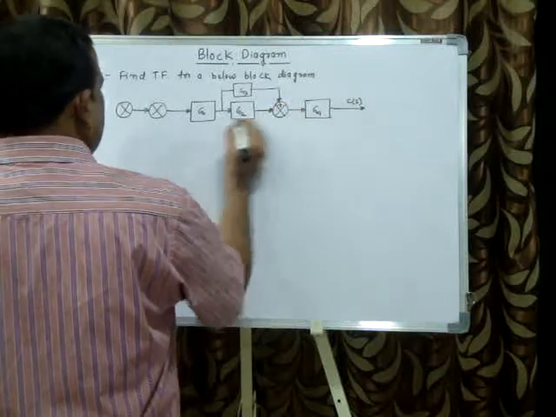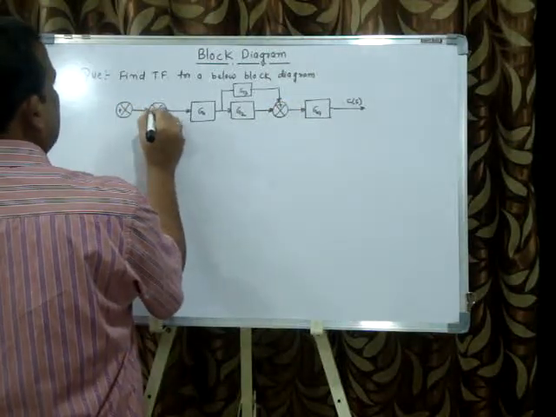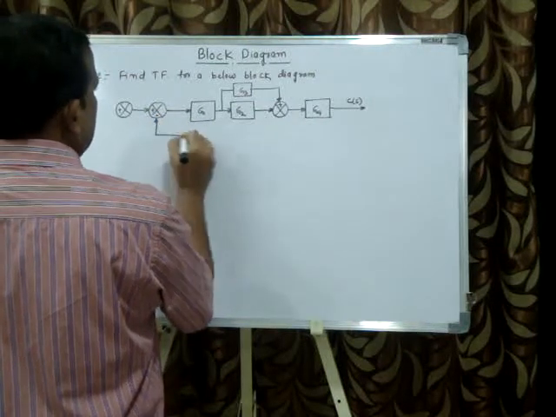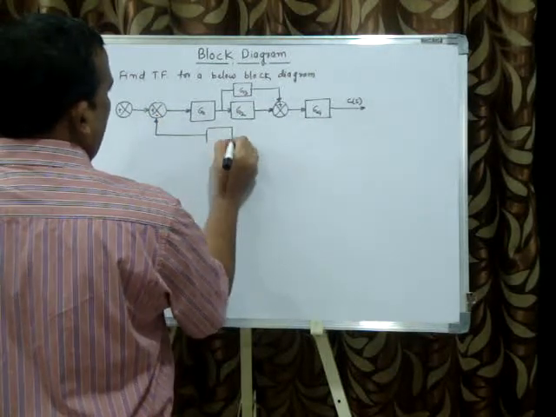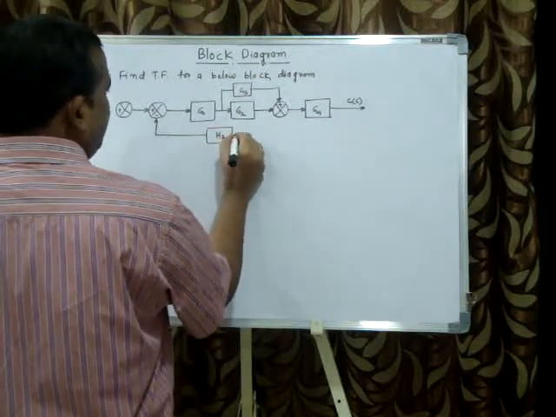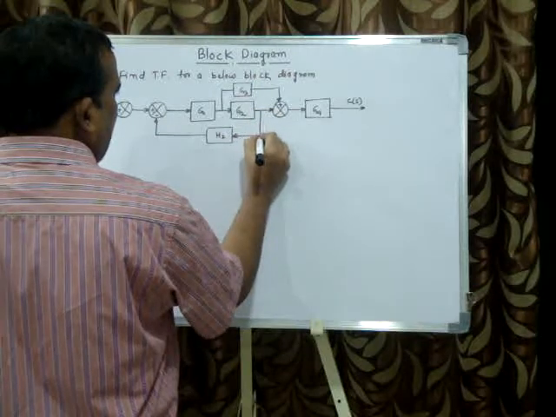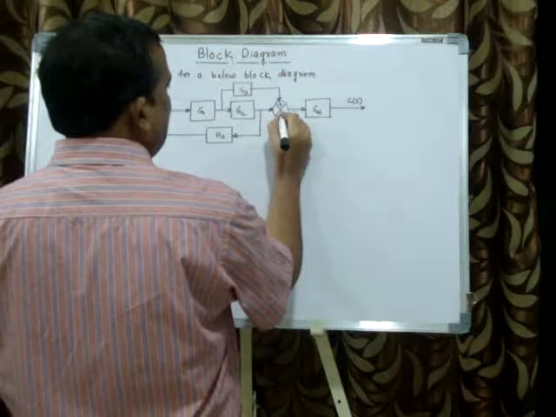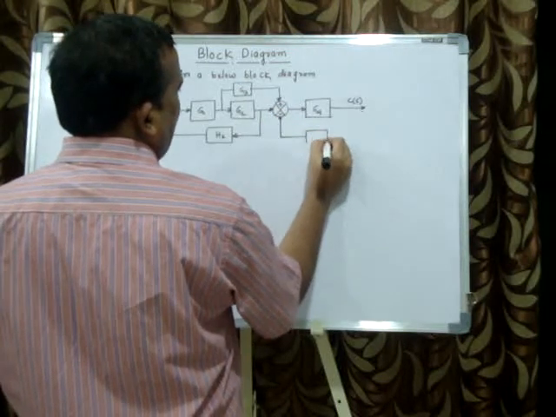Here plus, here also plus, here also plus, and one more here minus, and a feedback element, that is H2. So feedback. And H1 here minus, here one more H1.